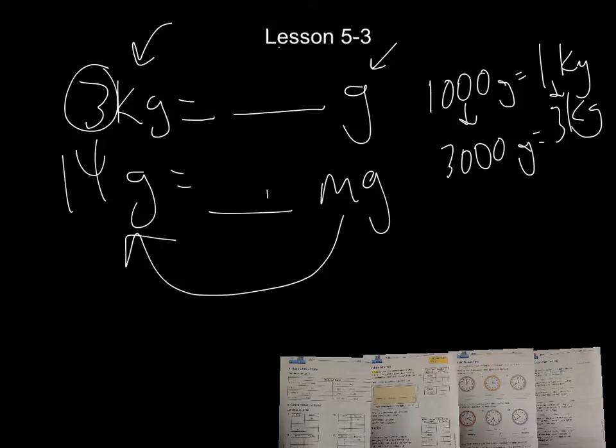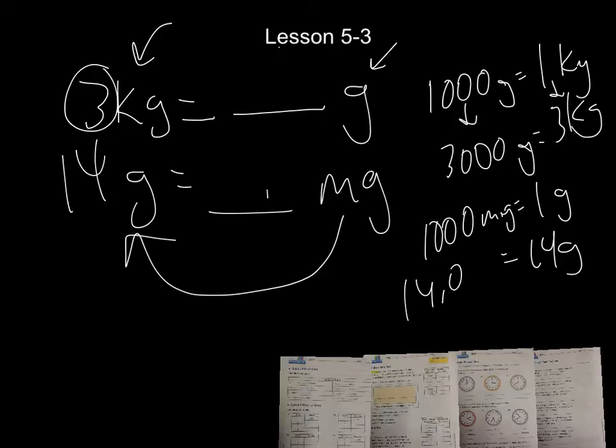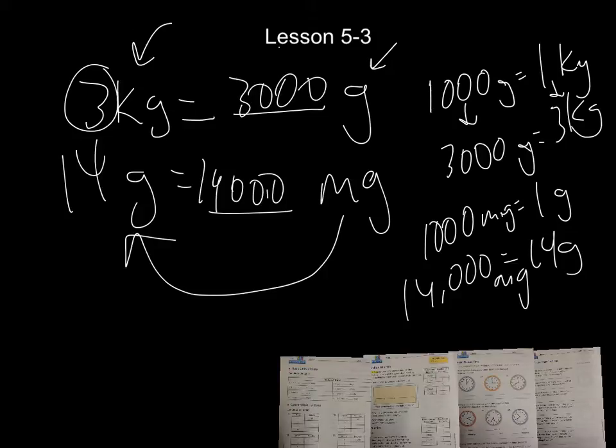So we have 1,000 milligrams equal to 1 gram. So 14 of them would equal 14,000 milligrams, I'm sorry, not grams. Okay, so it'll be 14,000 here. This will be 3,000. All right, so that's just a quick refresher.